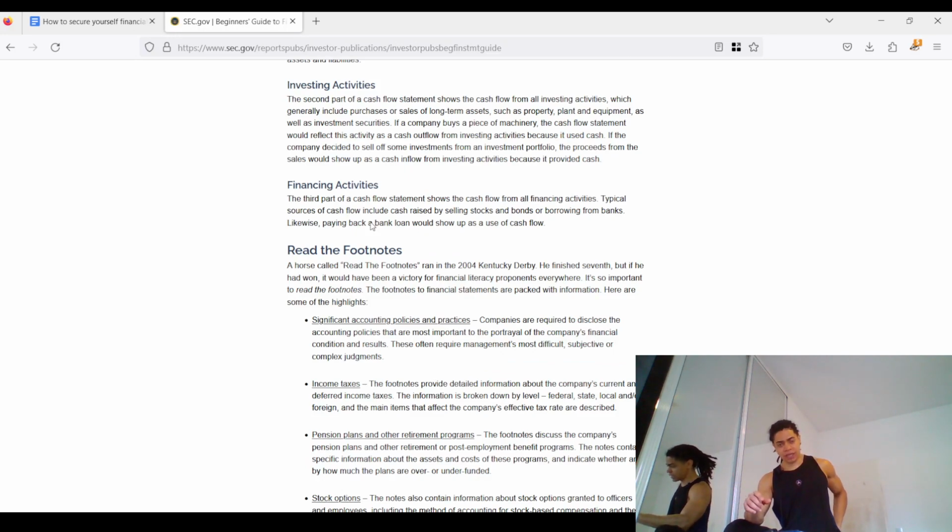Also, the income taxes, which are now described in a more detailed way, covering local, state, federal, and foreign taxes, and pension and post-retirement programs.